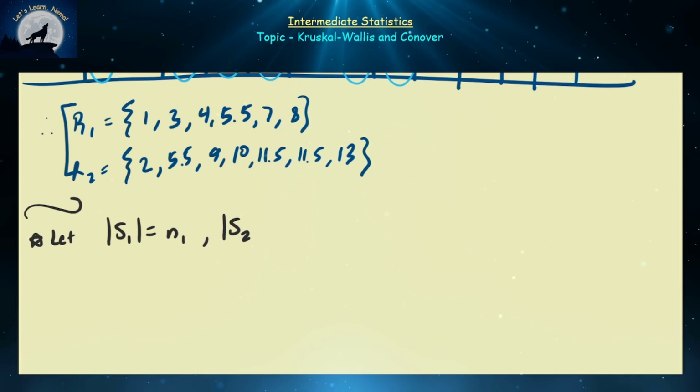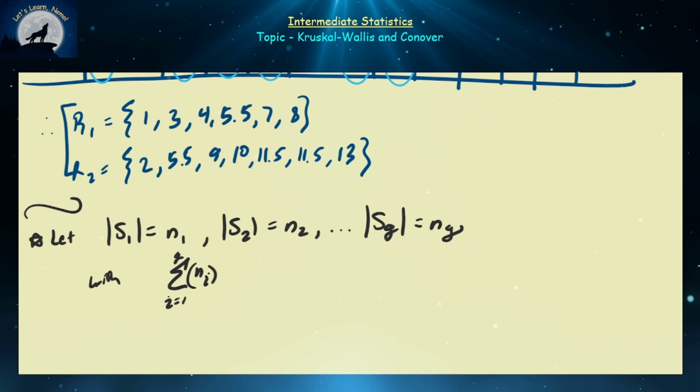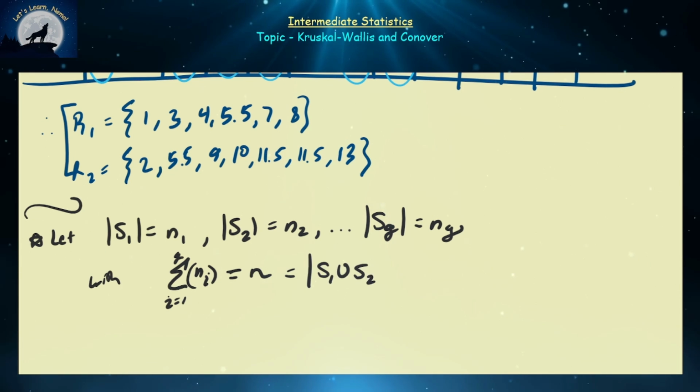Let's assume that the size of S2 is equal to N2, and technically speaking, you could have several different samples. Let's assume we have G groups here, and let's assume that's equal to NG. And let's also denote that the sum from i equals 1 to G of each of those, let's define the total sample size across all groups to be equal to N. And obviously that's going to be the cardinality of S1 union S2 union all the way down to the union with SG.